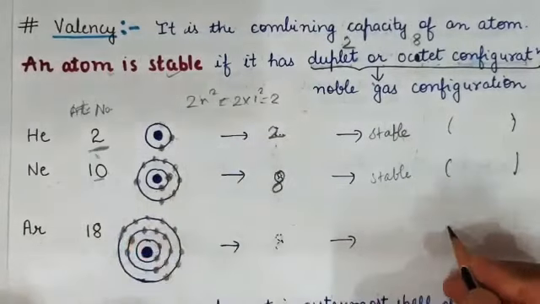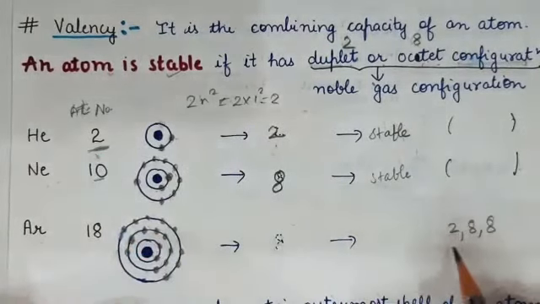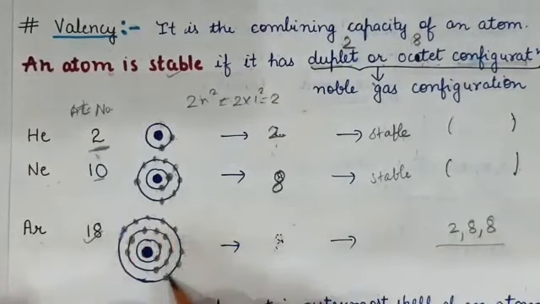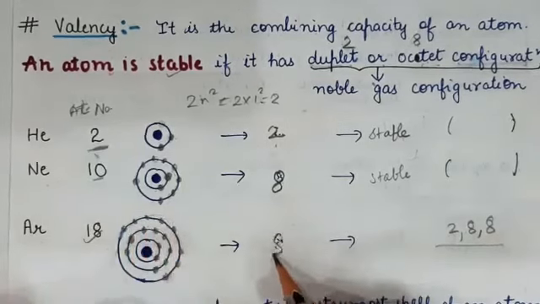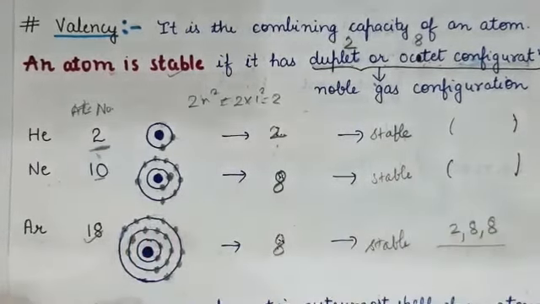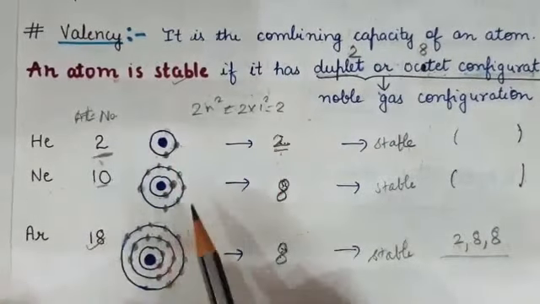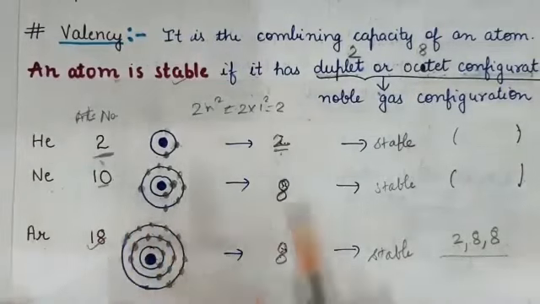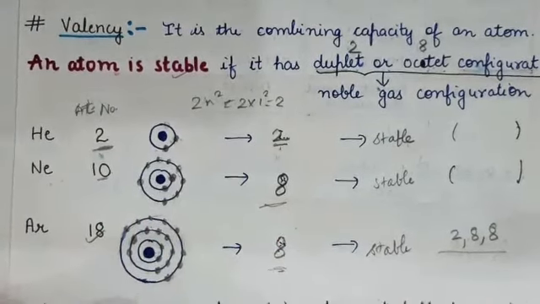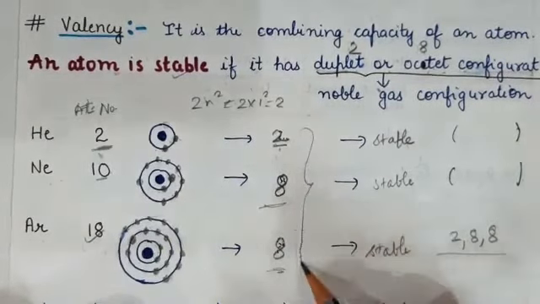So 2 first shell, 8 second shell, 8 third shell. Total gives 18. Now see the outermost shell. How many electrons in the outermost? 8. So octet configuration means stable. Remember, in the first shell it should be 2 and in all the other shells it should be 8 in the outermost orbit, except the first shell. And they are stable.